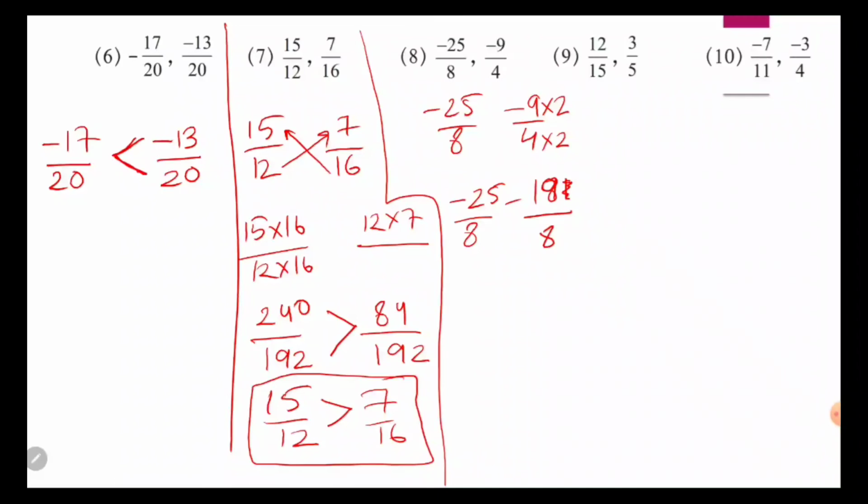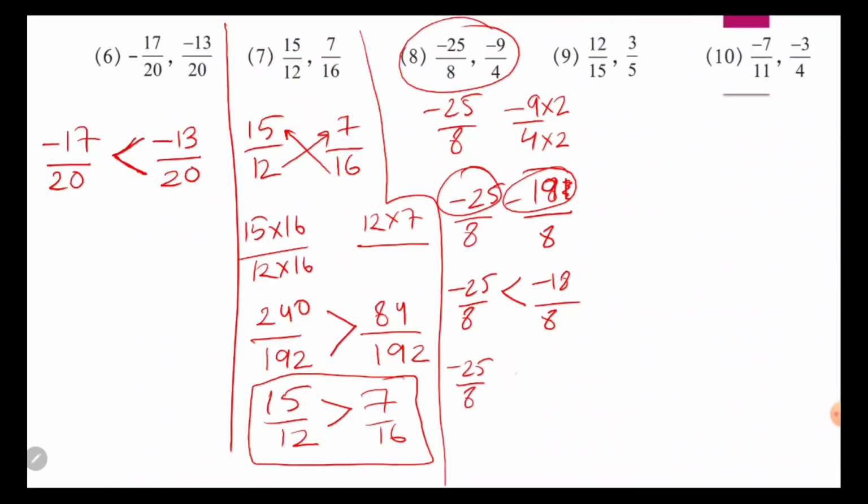Okay, so which one is greater? In minus 25 and minus 18, minus 18 is a greater number. So I'll be writing it over here that minus 18 is a greater number. So ऐसी sign आएगी. So if we compare these two numbers, minus 25 upon 8 and minus 9 upon 4, then minus 9 upon 4 is a greater number over here.